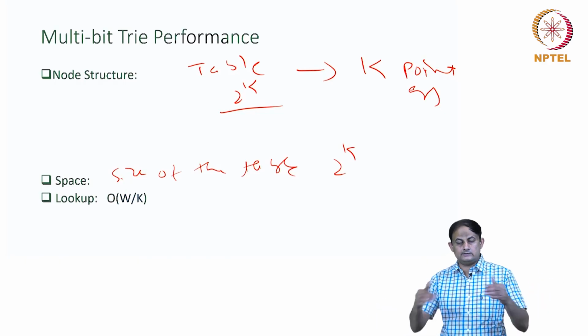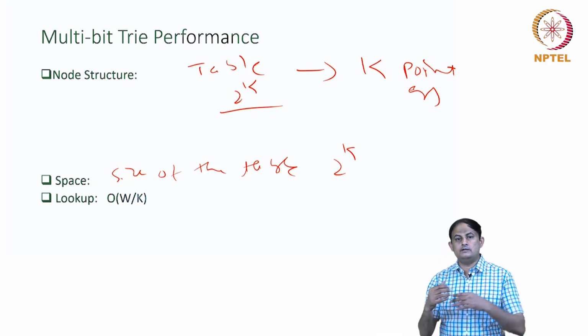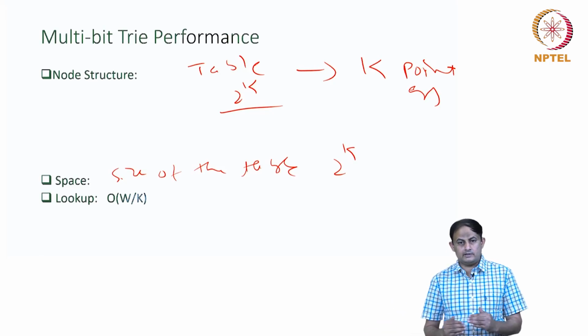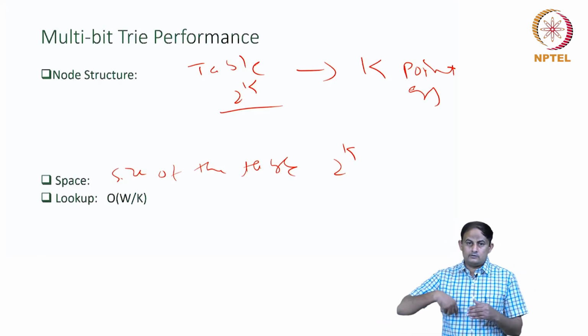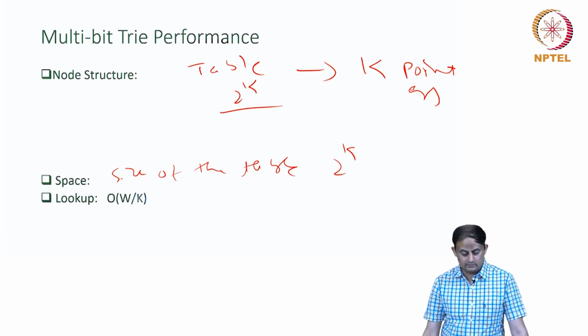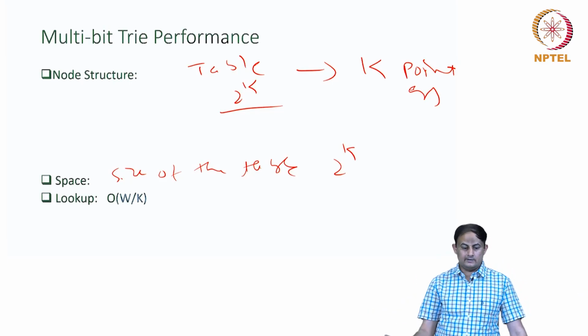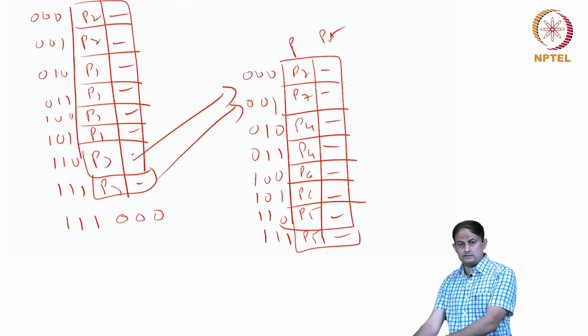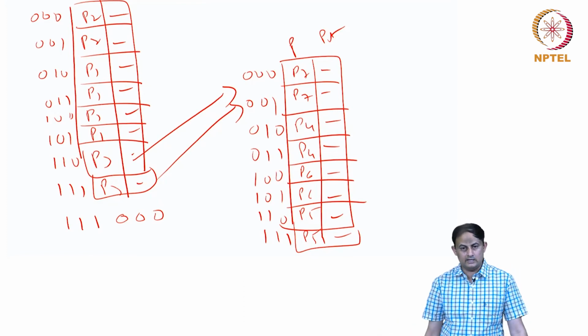If w is the length, 32-bit IP addresses are there. In each iteration I am going to match 2 bits or 3 bits, 4 bits, whatever it is, and the total number of memory references, the number of pointers that you traverse, is reduced by k times, because every time you take one pointer you match k bits, and the next time you go you again match k bits.